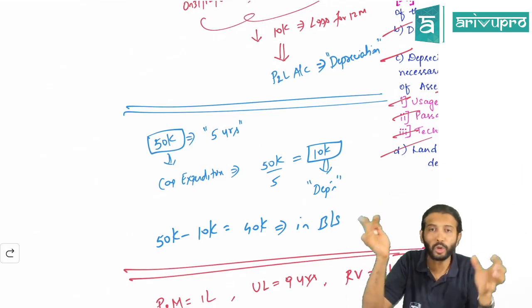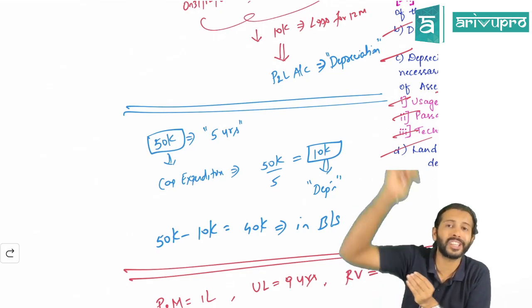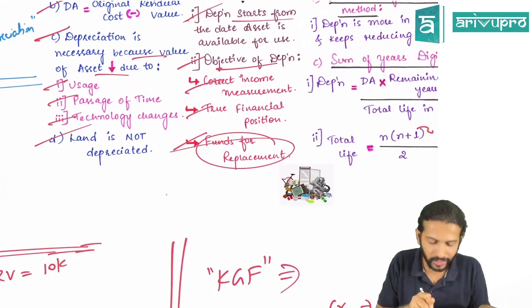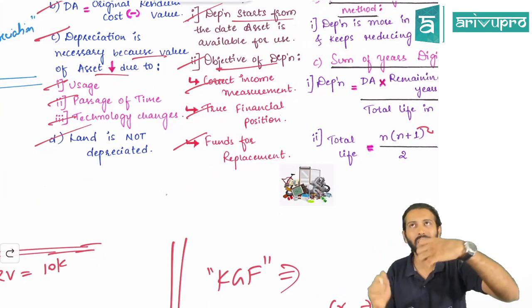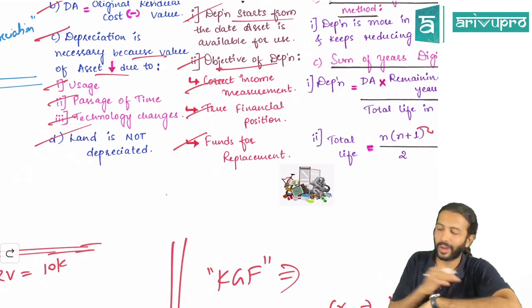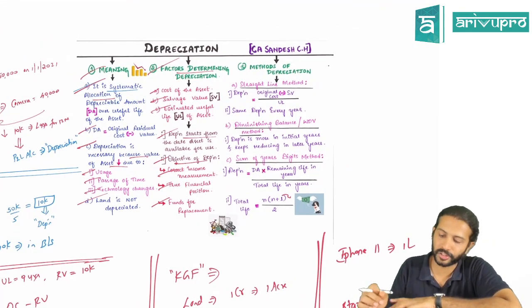That means I need to know how much money to set aside every year so that I can purchase a new asset. So depreciation acts as a fund for replacement. You will know exactly how much you should set aside so that you can buy a new asset once this asset has become redundant. That is another objective of depreciation.